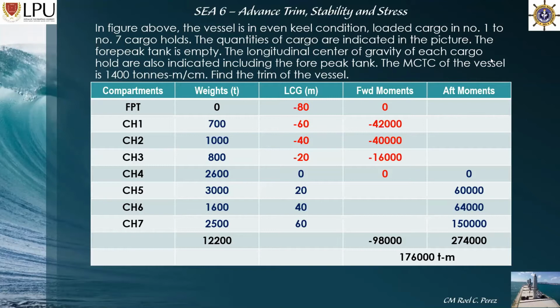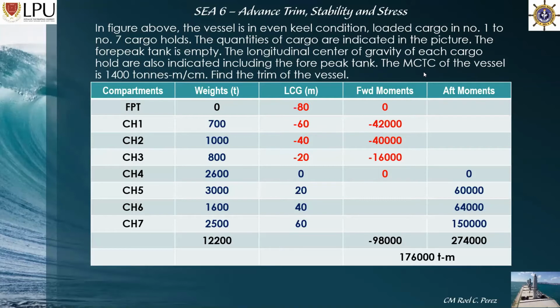So the MCTC of the vessel is 1,400 tons-meter per centimeter. This is already tabulated, maybe that's why they did not explain it. This is already tabulated in the hydrostatic tables. So required is to find the trim of the vessel.